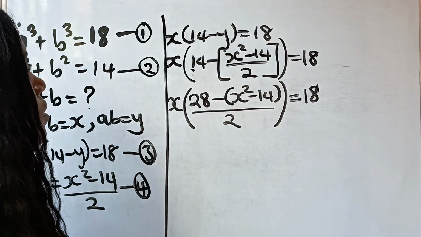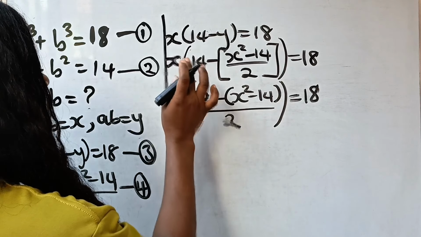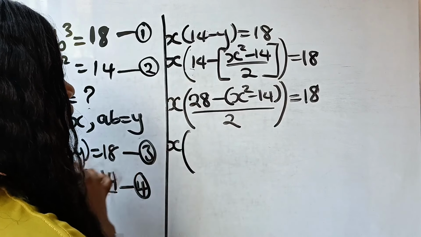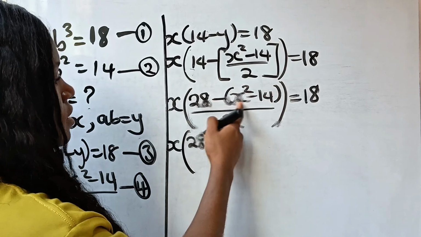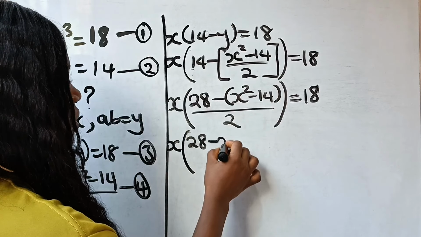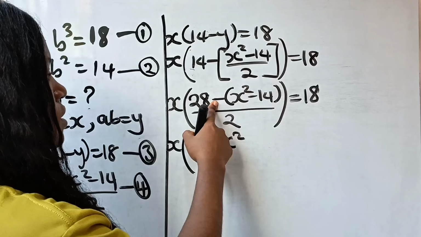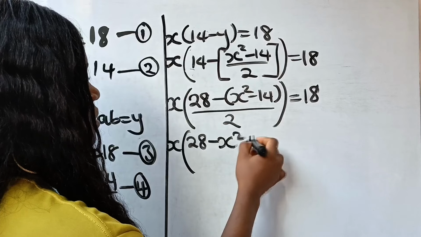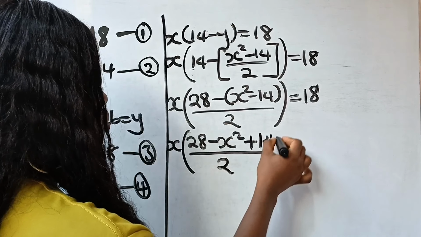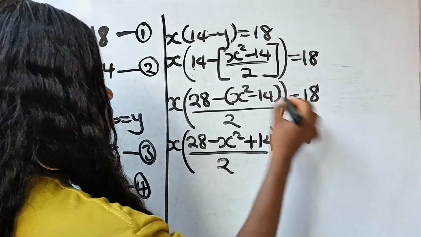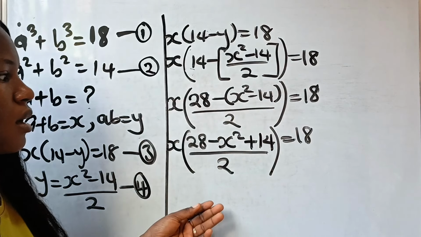All right, now we have x bracket 28 minus times x squared is minus x squared, minus times minus is plus, and we have 14 divided by 2 is equal to 18.